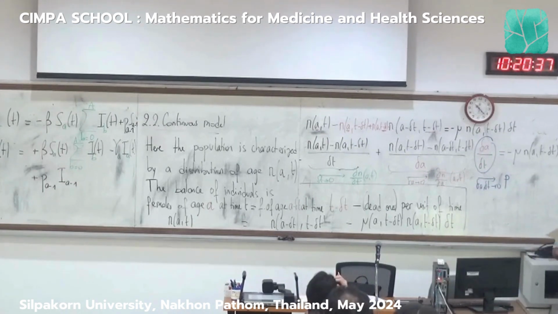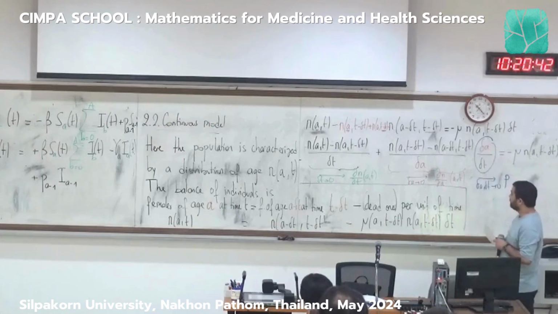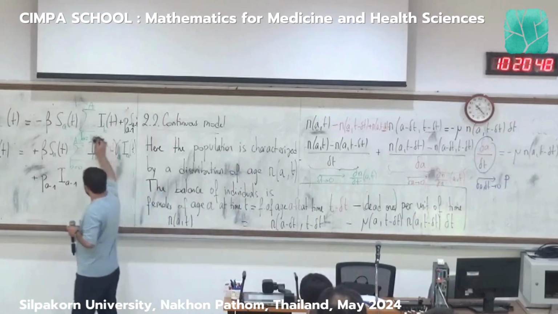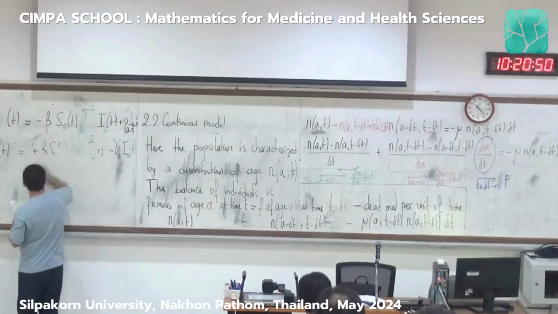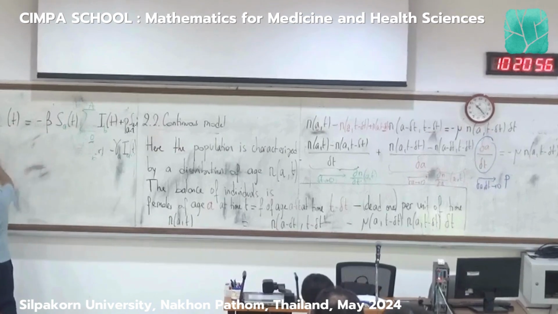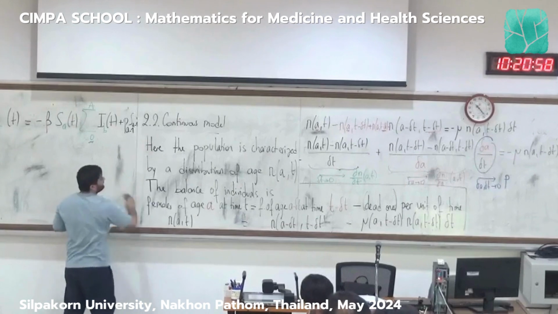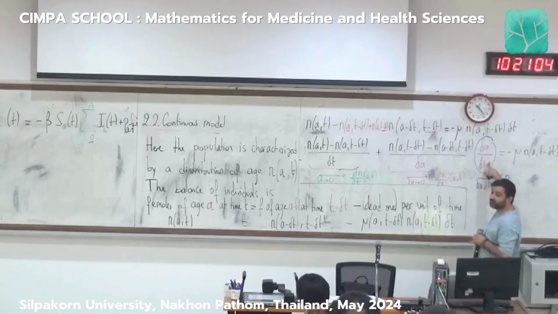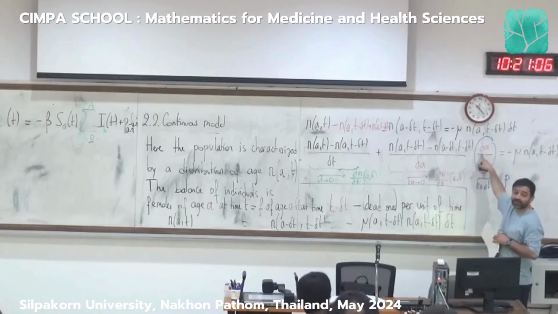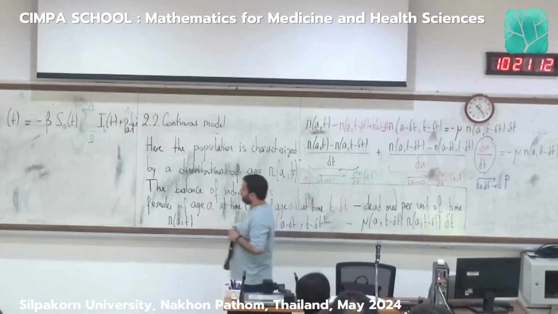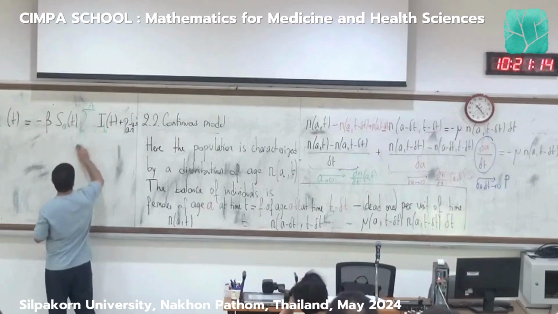To do the continuous model, this limit has to exist, and then I have this equation. At the end, what I get is a partial differential equation, the variation of n with respect to the variation of time.